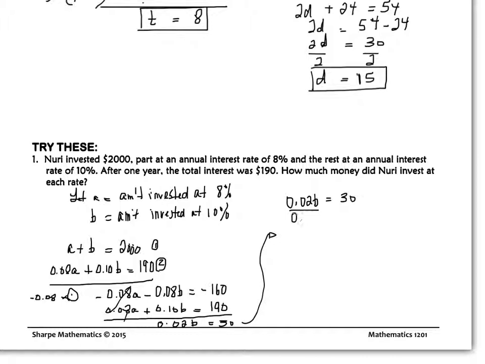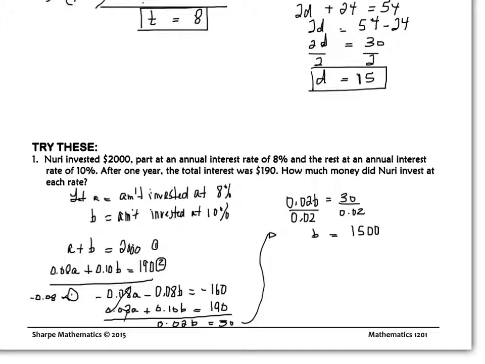So if I divide both sides, I'll get B equals 1,500. And then if I go back, the easiest equation to work with now is the first one.